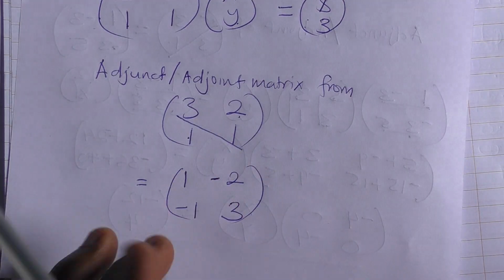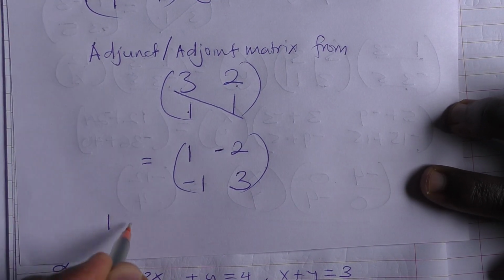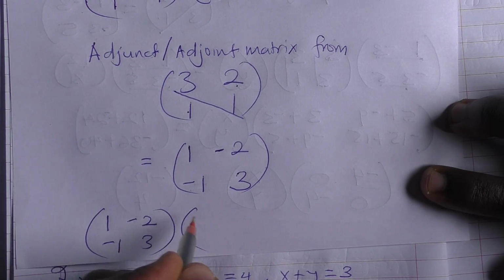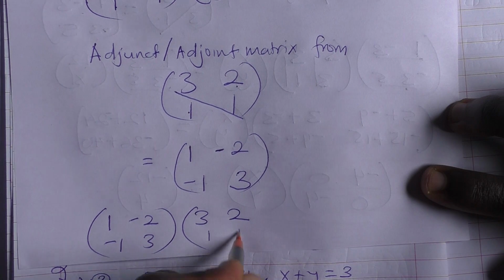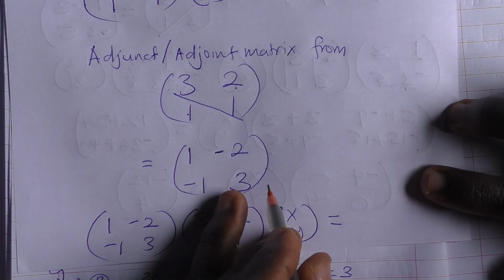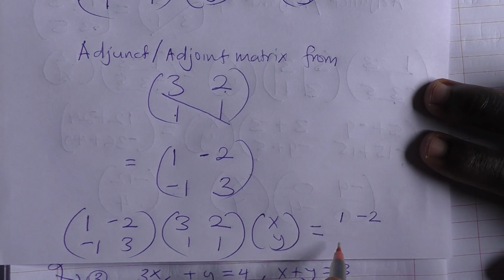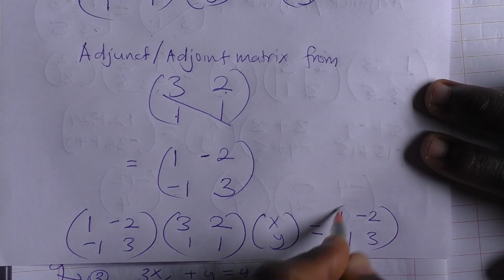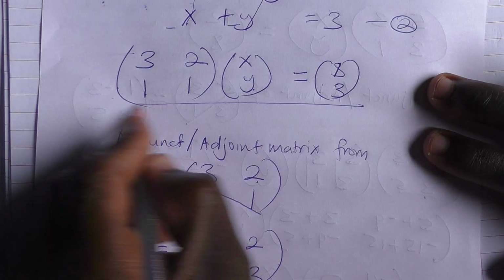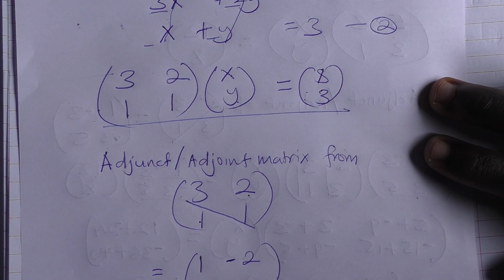That is, we shall have 1, negative 2, negative 1, 3, and 3, 2, 1, 1, xy equaling 1, negative 2, negative 1, 3, 8, 3 from our previous matrices.